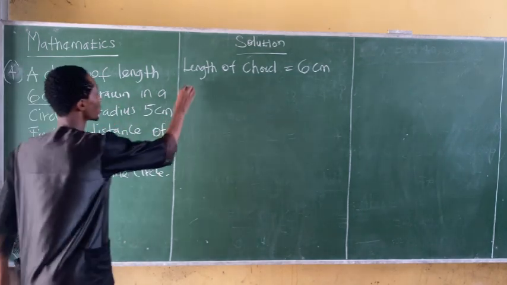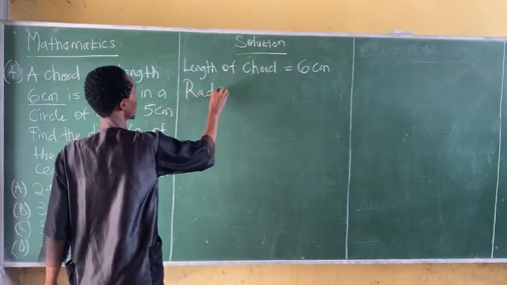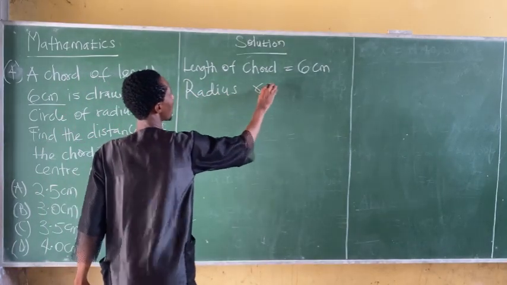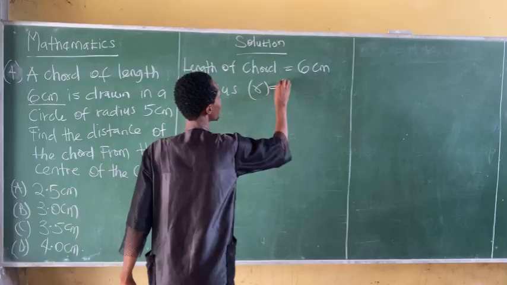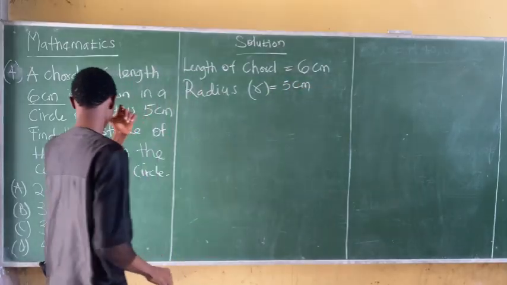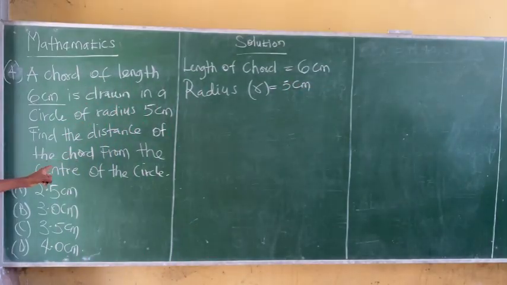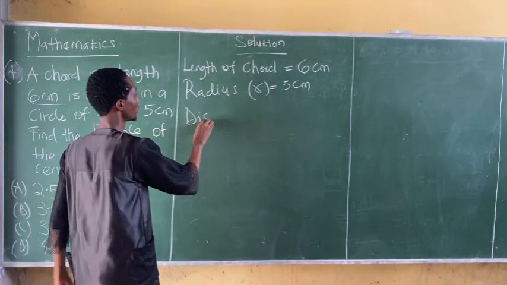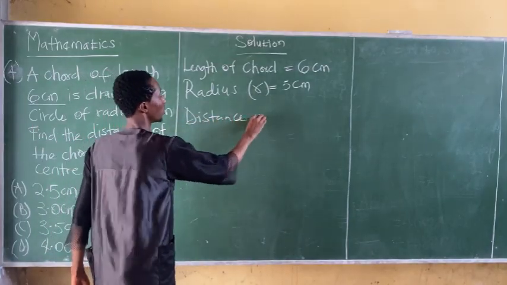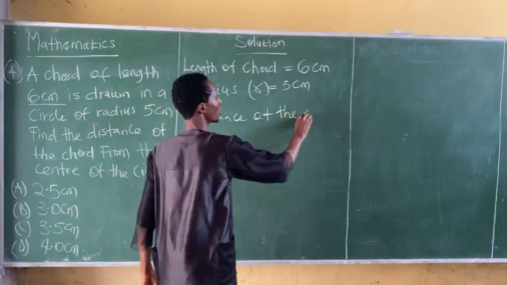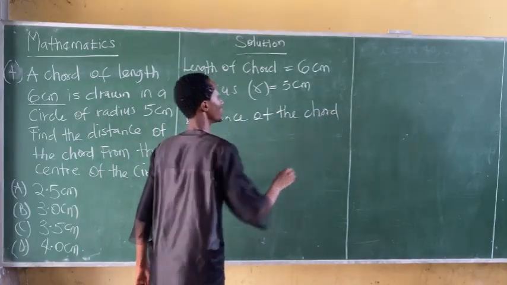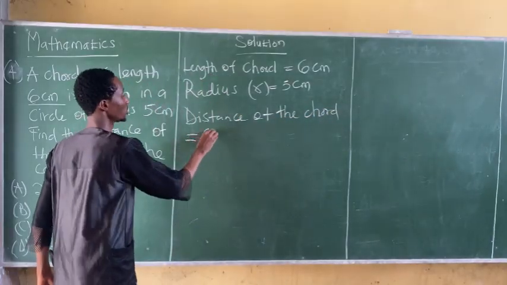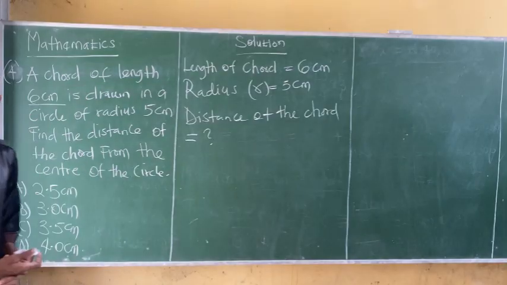So they give us radius to be 5 cm. They say find the distance of the chord from the center of the circle. So distance of the chord from the center of the circle is unknown. They say we should find it.